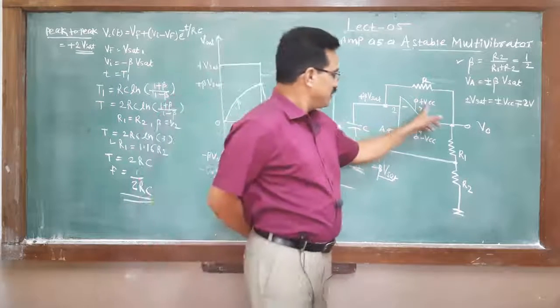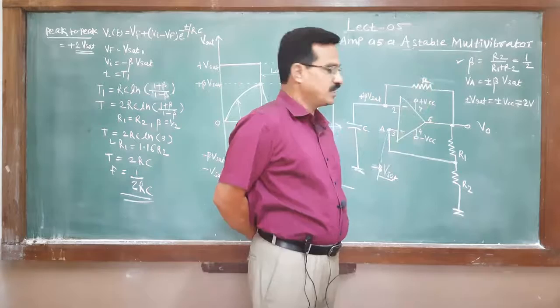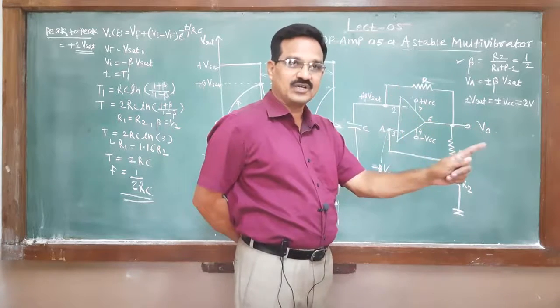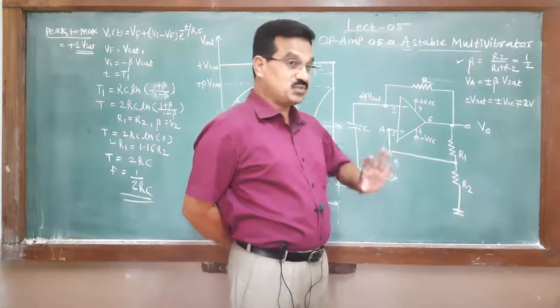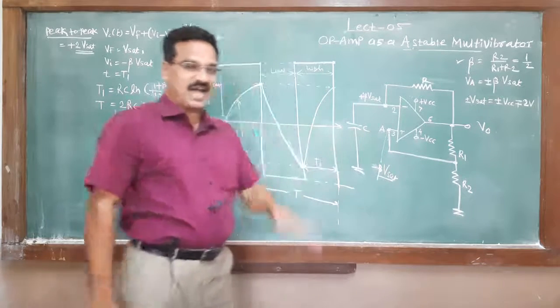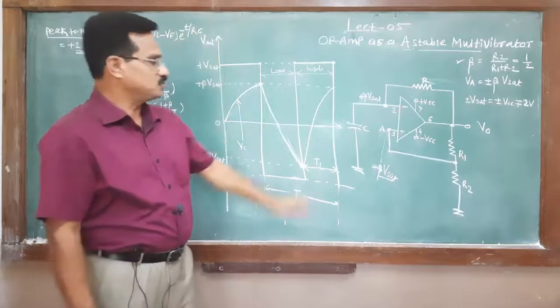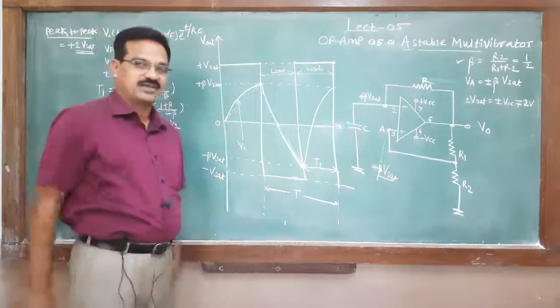Suppose plus VCC and minus VCC are 15 volt, then by using this, V saturation is plus 13 volt or minus 13 volt. Means we can change the amplitude of the square wave by using this power supply.